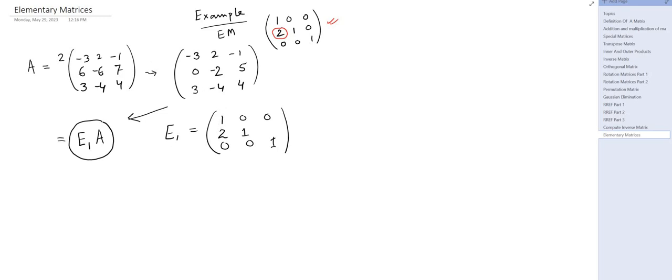Because if you now check this multiplication, 6 into 1 is 6, minus 12, yes, so if you multiply this with A, this will give you this element as 0.